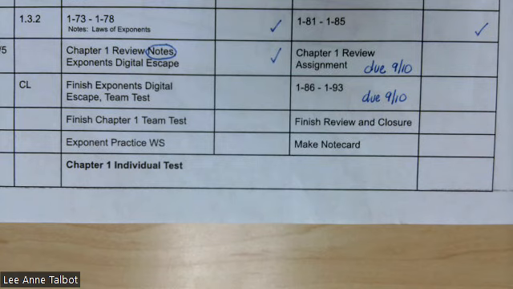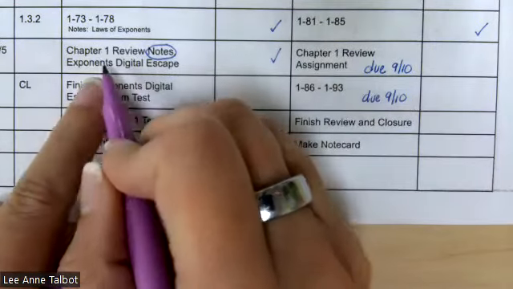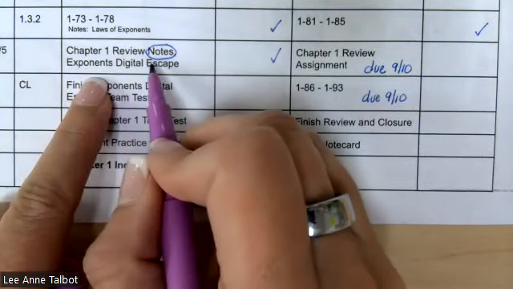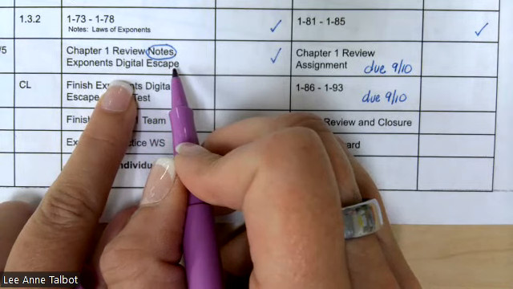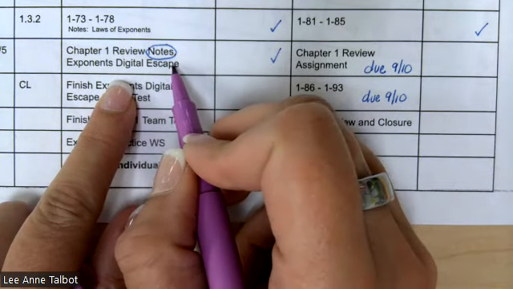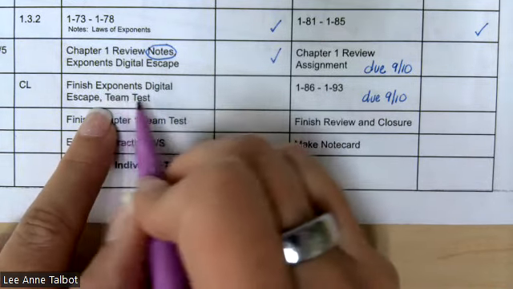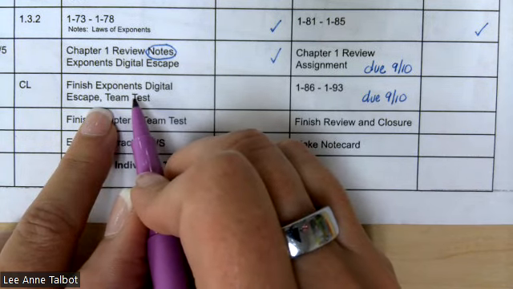Okay. We're gonna do this in flowchart format. So let's talk about what you need to be doing with your independent work time. First, if you're not done with the exponents digital escape, you need to do that. If you're done with that, then you need to work on your team test. Are you listening?